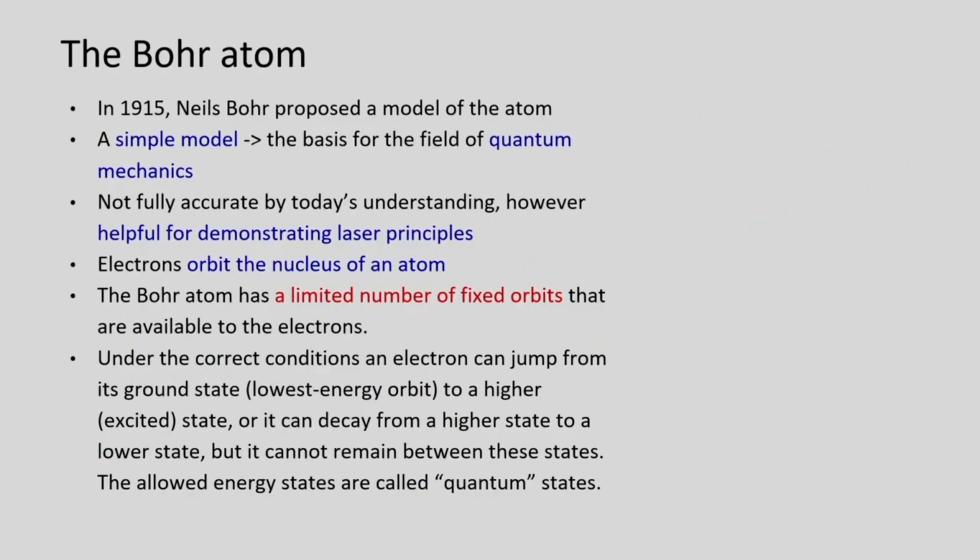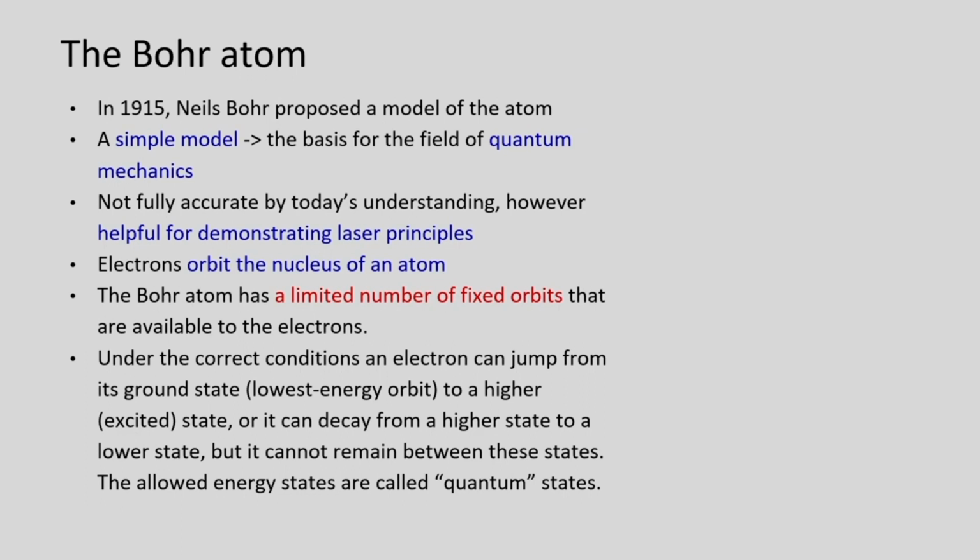Now, to understand the principle of operation of laser, let us take the theory suggested by Bohr. So, Bohr atom, we will see what is the meaning of Bohr atom, and by using this Bohr's atom model, we will try to understand the function of a laser or the production of a laser beam.